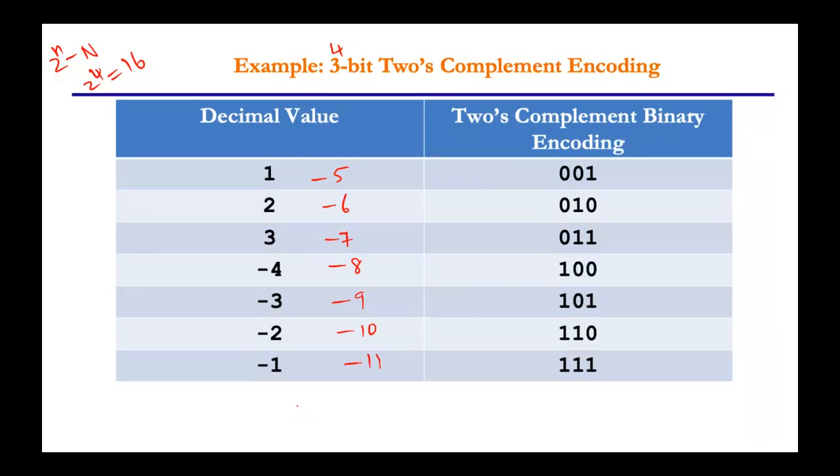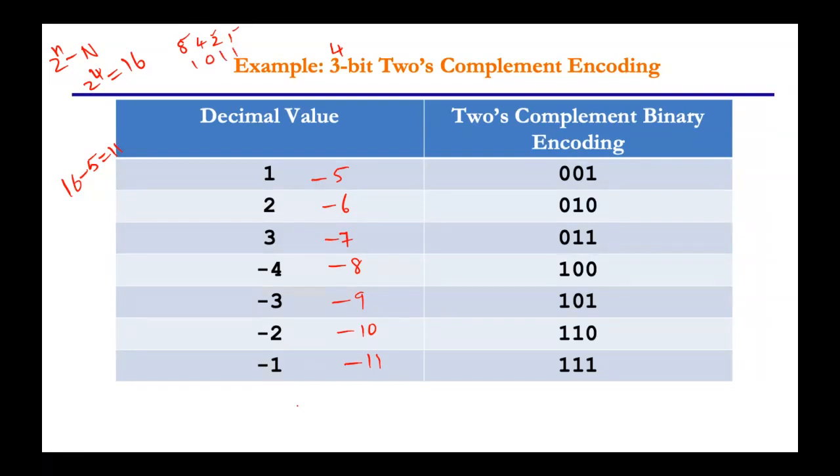So for the first one, you can simply write that 16 minus 5 is equal to 11. And for 11, the bit values are 1, 2, 4, 8. Okay. So 11 is 8 plus 2 plus 1. So you can write it as 1 0 1 1.